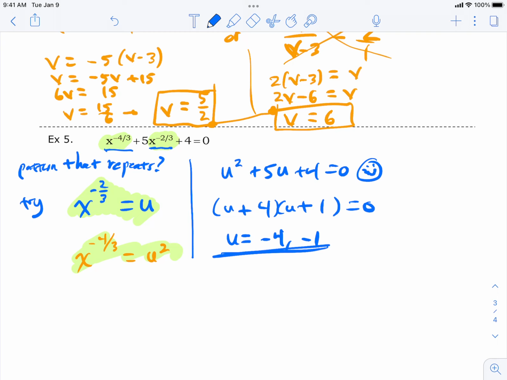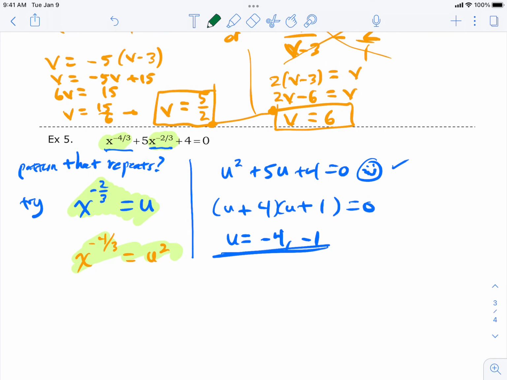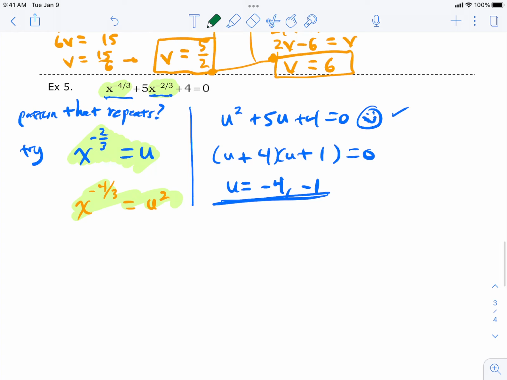So we solved our new equation. u could be negative 4 or negative 1. Don't forget, what we really want is the solutions to the original equation. In other words, we want x. So you take this part here and you unite it with this part here. Let me make some space for this.